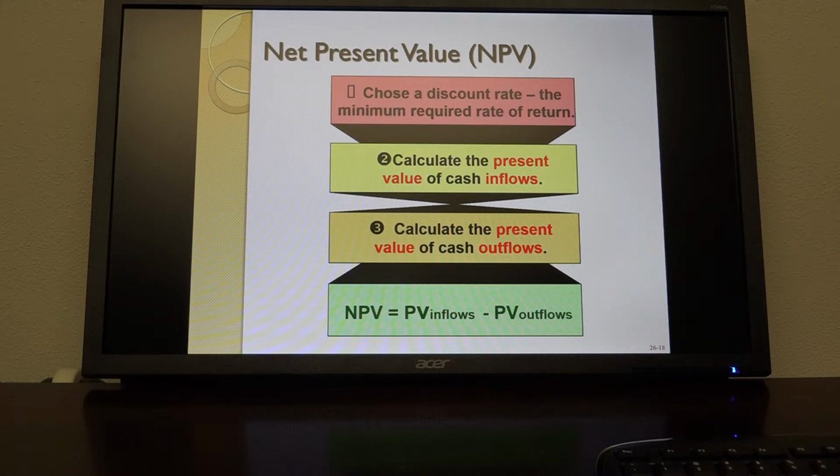Once you've determined your minimum required rate of return, you calculate the present value of cash inflows. You calculate the present value of cash outflows in step 3, and then you compare your present value of inflows to outflows, and if the present value of the inflows is greater than the present value of the outflows, that's a good thing. We'll look at that here in a second.